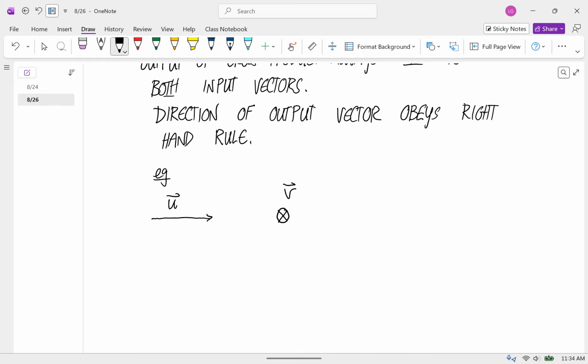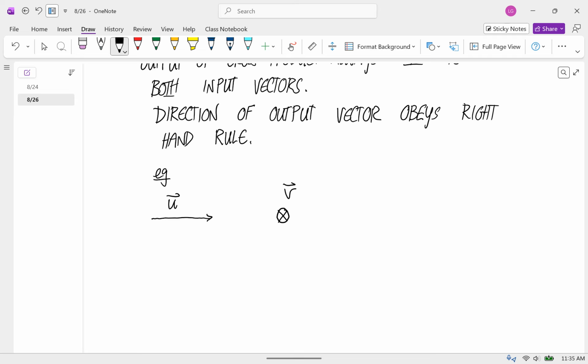Okay, so what we're going to do is position our hand in such a way that it can start in the direction of the first vector, and then your fingers can curl to be in the direction of the second vector. And if you're double jointed, and your fingers can go either way, pretend you're not double jointed.